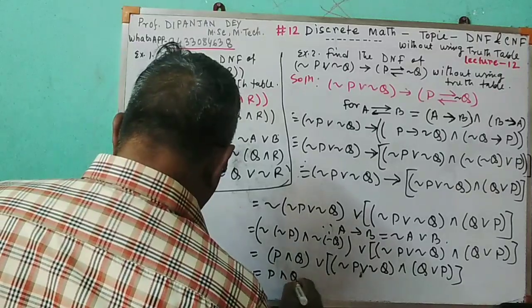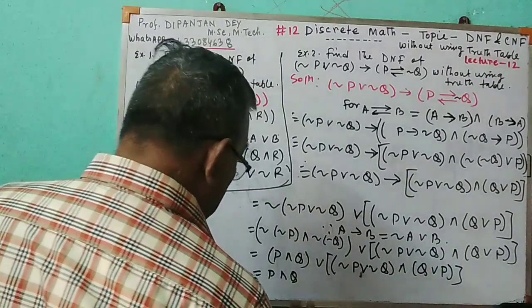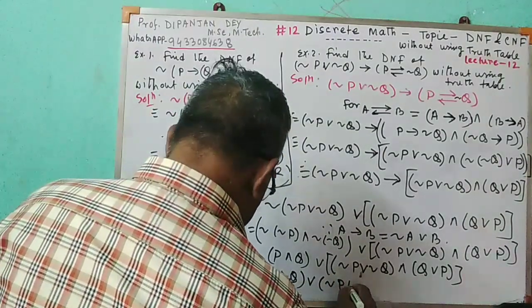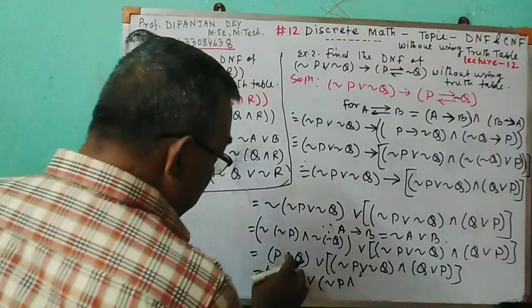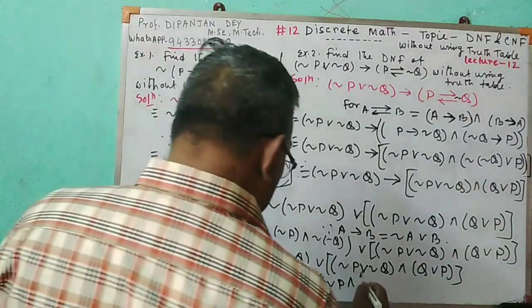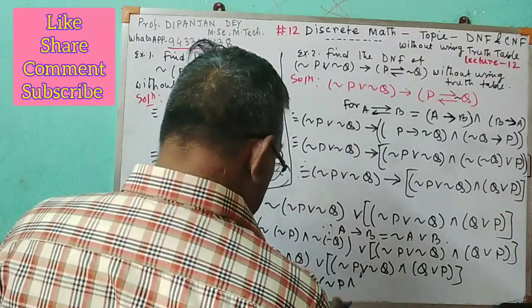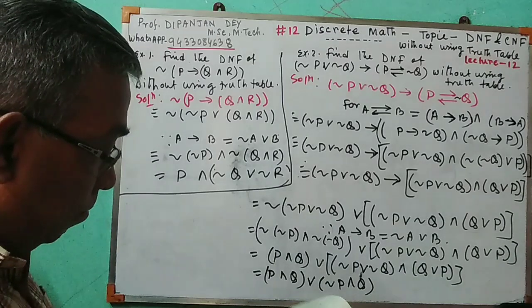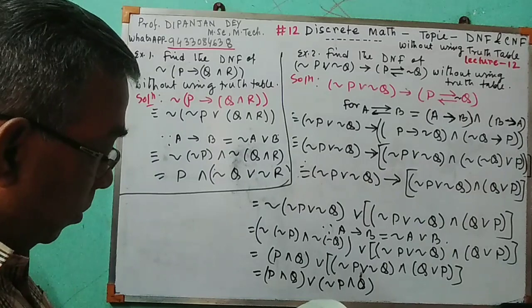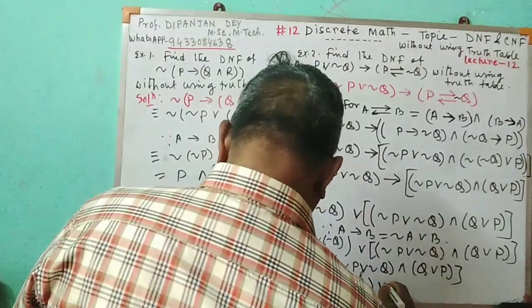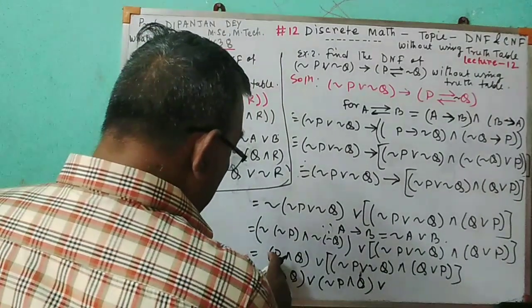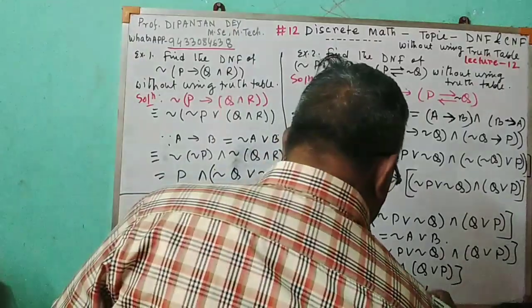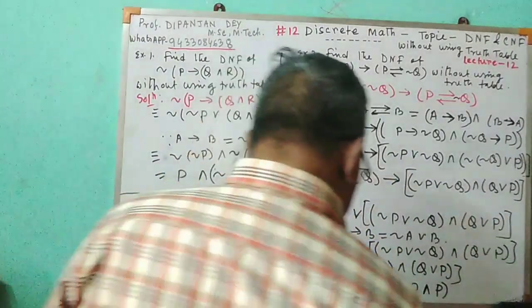P conjunction Q, this disjunction this, negation P disjunction negation P, this with this disjunction Q, negation P conjunction Q, then P with P, negation P, disjunction P. Just I am writing, then you will understand.